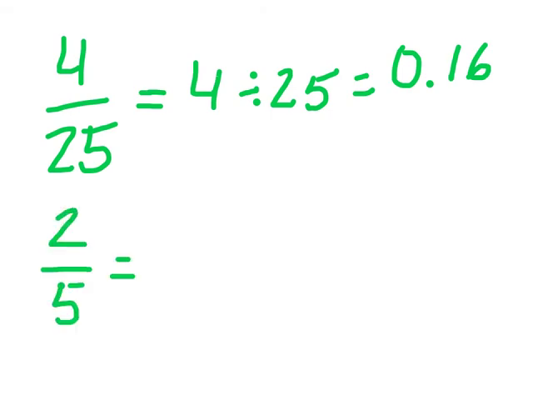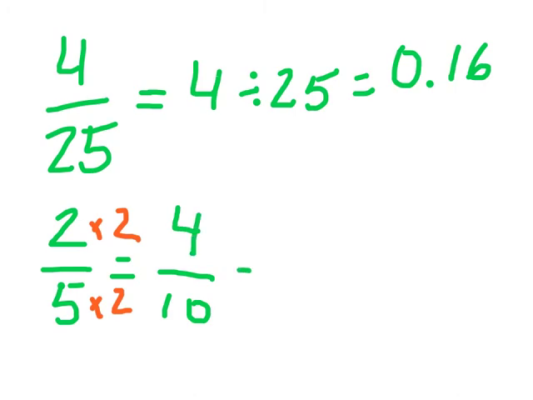Here I have 2/5. Now I'm going to ask myself, can I turn this into a fraction that's out of 10? And I can, because I know that 5 times 2 is 10. And so if I multiply the bottom by 2, I have to multiply the top by 2. And 2 times 2, of course, makes 4.